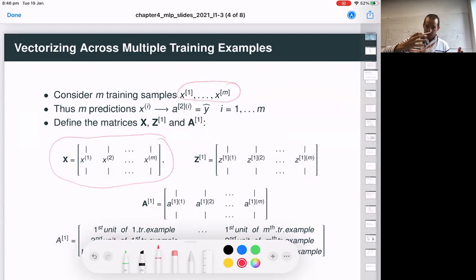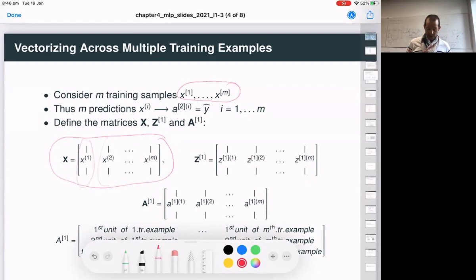You need to understand what is going on, because sometimes people use X, sometimes X transpose. It also depends on the programming language. So in my notation, each column is one sample. Okay, one data point, one subject, for example, or one image if you want.